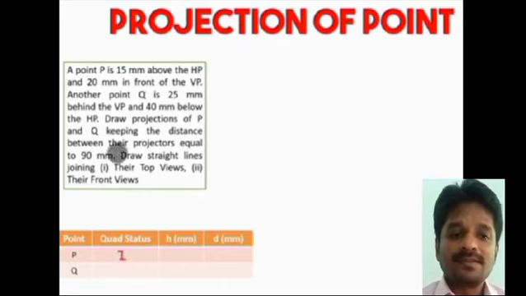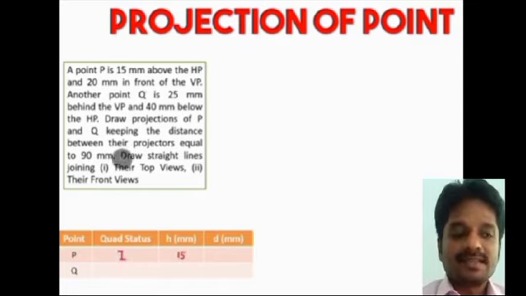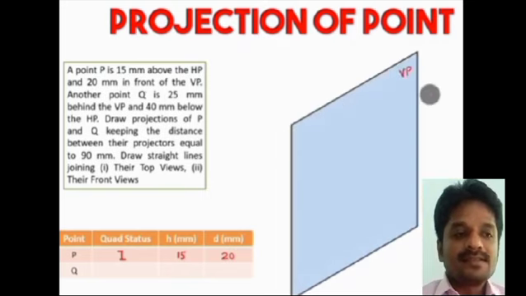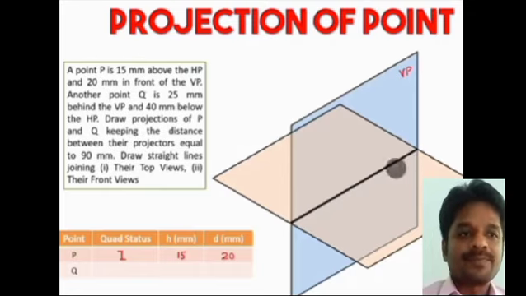15 mm is denoted as H and 20 mm is denoted as D. The two planes have been drawn, the vertical plane and the horizontal plane. The vertical plane and the horizontal plane intersect at a line which we are marking as X and Y, and this is going to be the reference line for both VP as well as HP. Now we will mark the point P somewhere in the first quadrant.